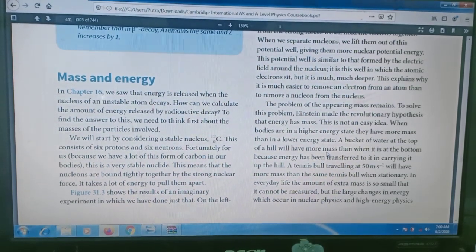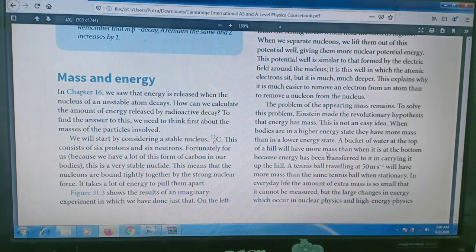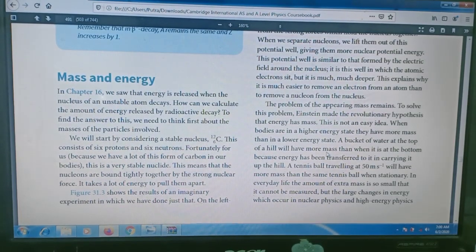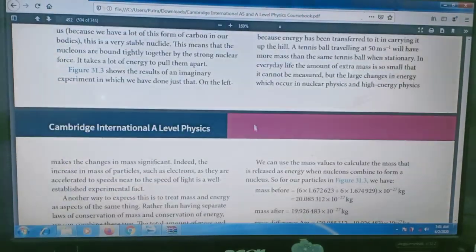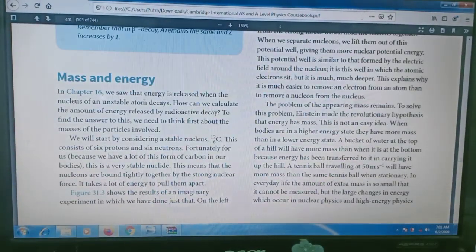We can still use the laws from Newton, Archimedes and Galileo to solve problems in common mechanical physics, but not in modern physics. Now, in modern physics, we need new laws. One of them is the mass and energy law.